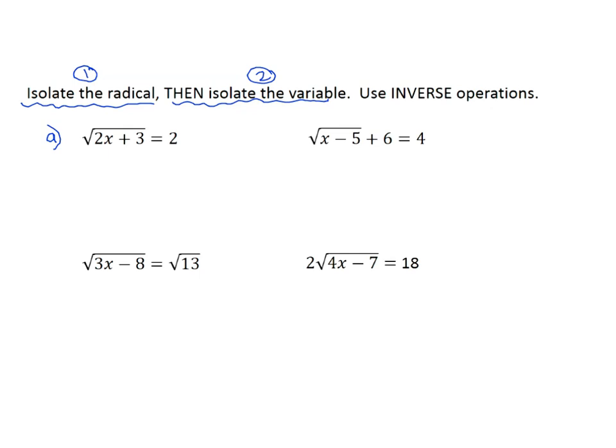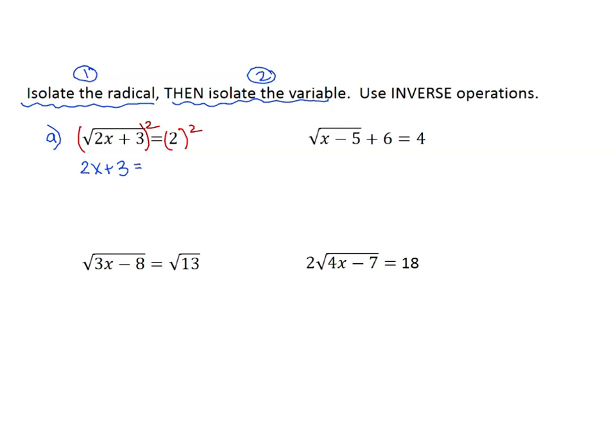In order to isolate the variable, we've got to get rid of that radical. And the only way to undo square rooting something, like we just looked at, is to square it. So we square both sides. After we square both sides, we're left with just what was inside, which was the radicand before, now comes out.